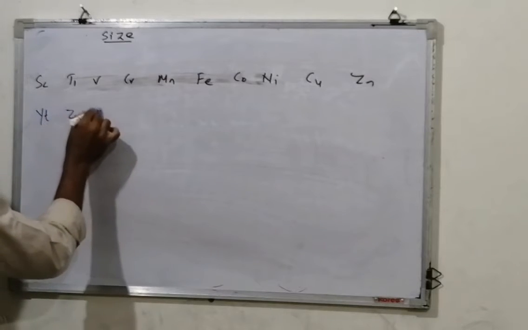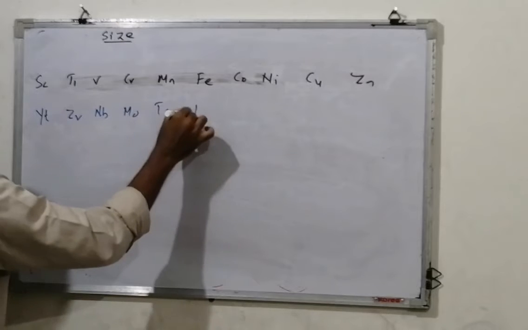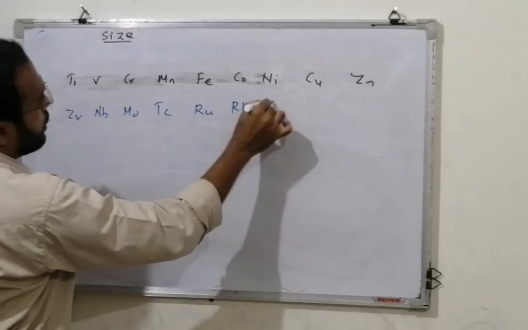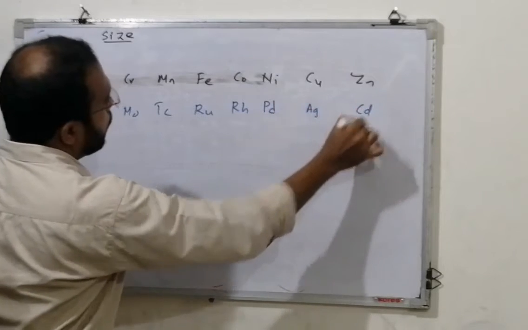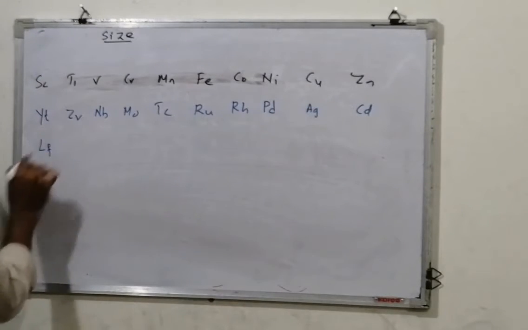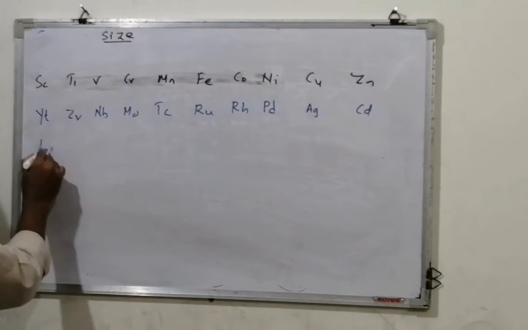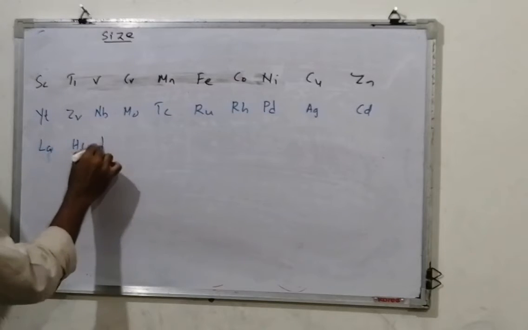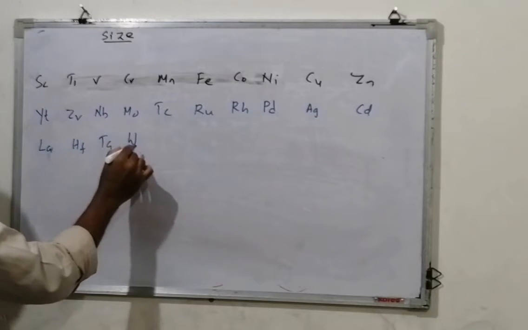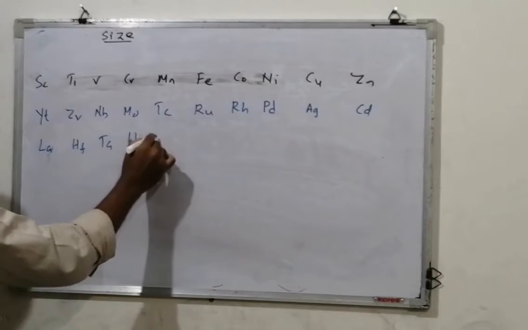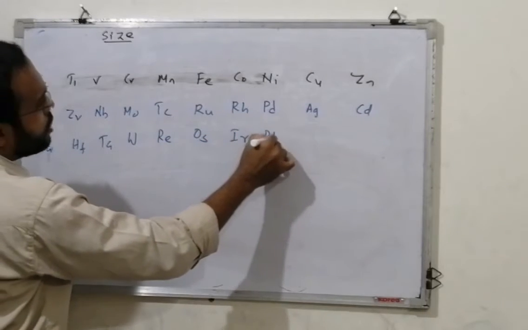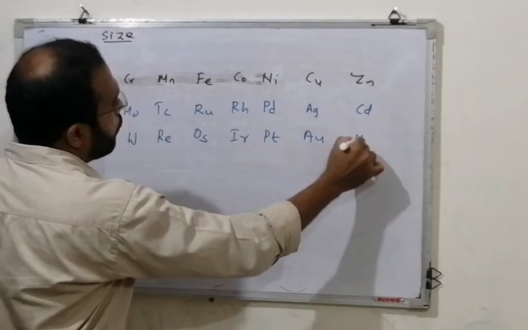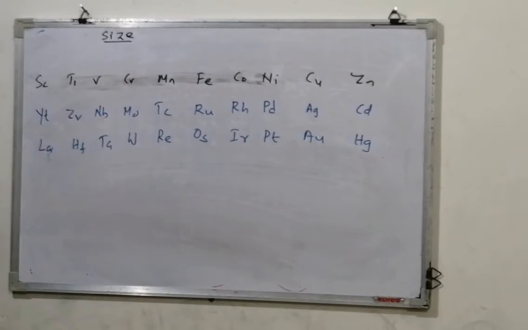Yttrium, zirconium, niobium, molybdenum, technetium, ruthenium, rhodium, palladium, silver, cadmium. Hafnium, tantalum, tungsten, rhenium, osmium, iridium, platinum, gold. Okay, this is the radius.